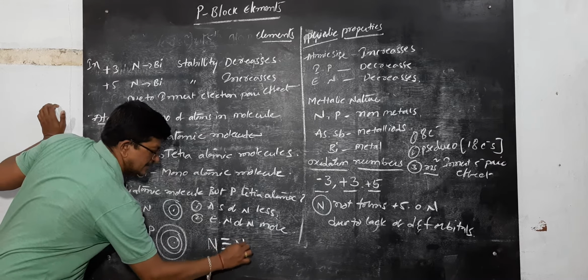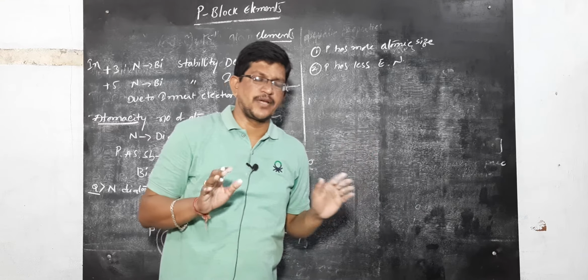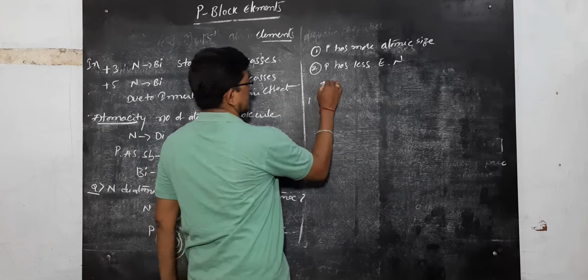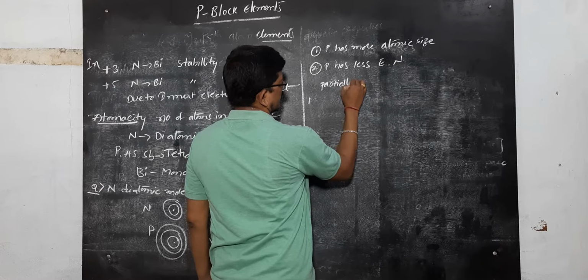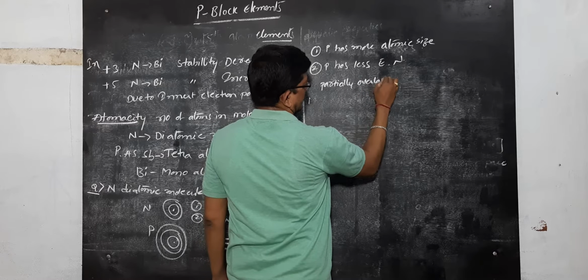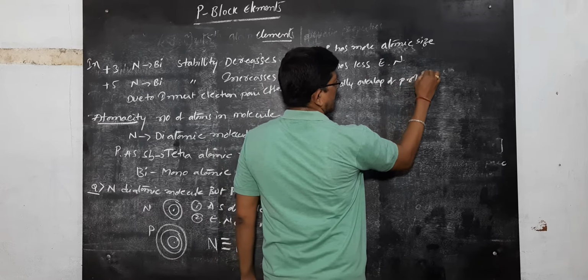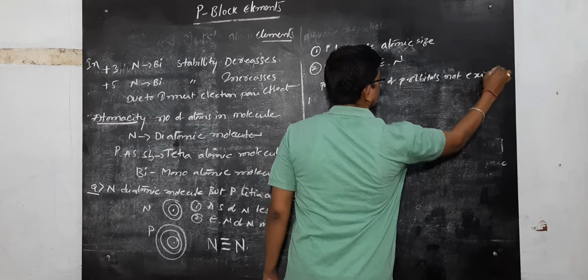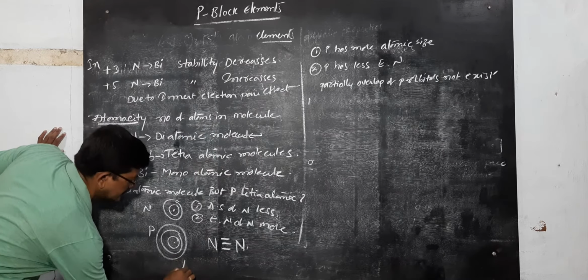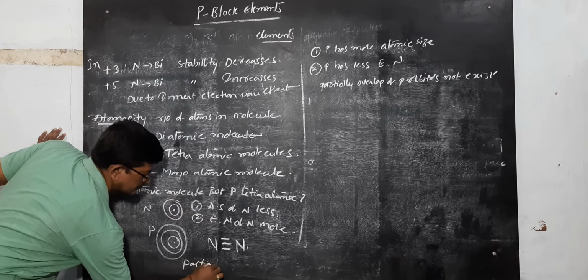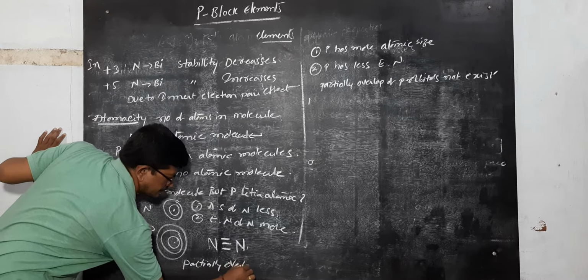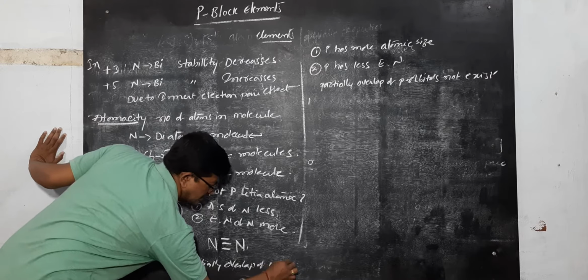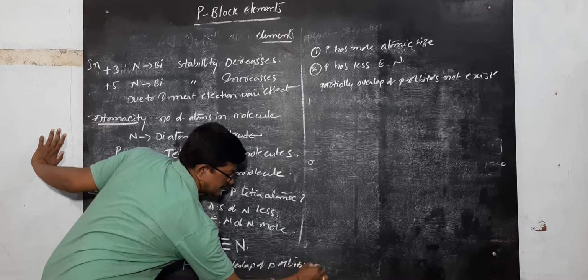So partial overlapping of p orbitals does not exist in phosphorus.